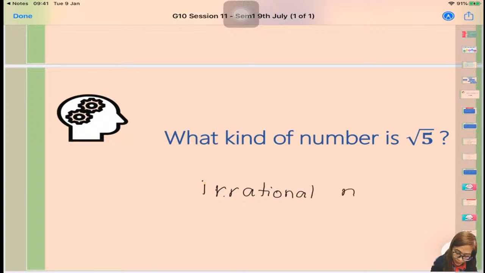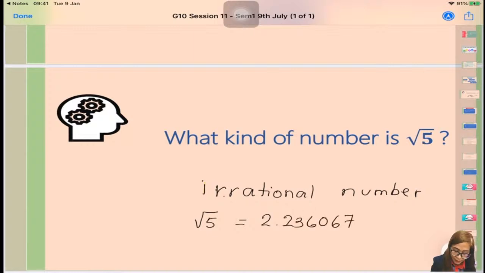Why is it an irrational number? Because square root of 5 is equal to 2.236067977. So it's not repeating nor terminating.